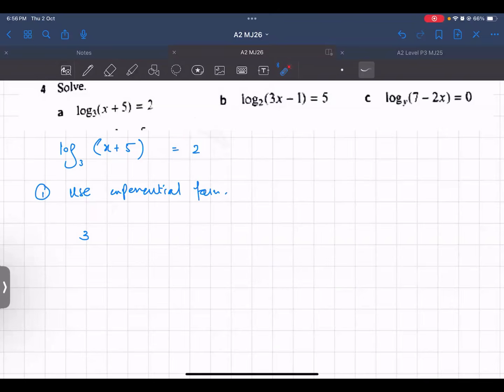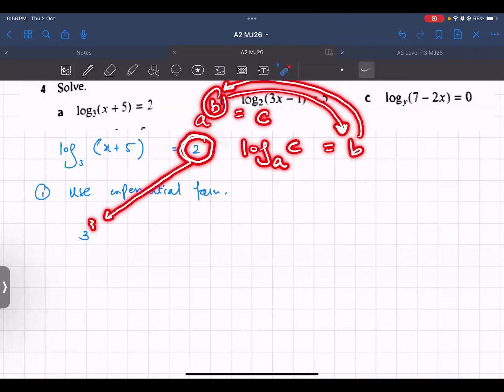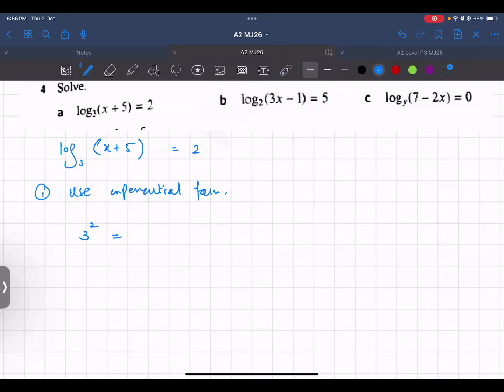If you can recall, it was a to the power b is equal to c, and this becomes log a of c is equal to b. So whatever was the power is outside the equals. And similarly, I can bring them back into the power as well. So over here, outside the log, outside this equals, we have 2. So this will come in the power of the base. So this becomes 3 power 2 is equal to x plus 5.